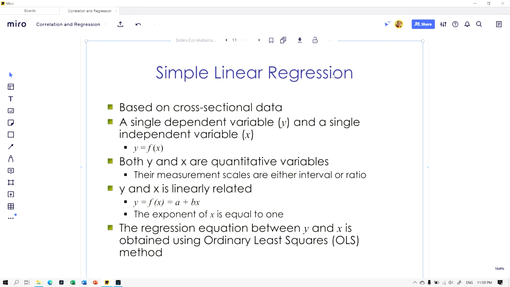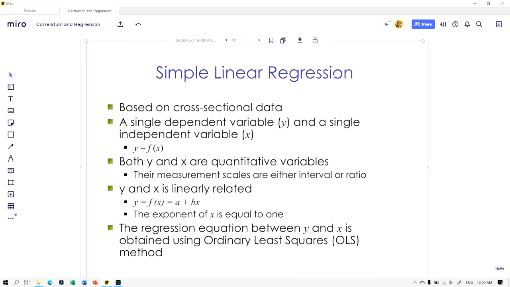It is an equation that relates a single dependent variable y and a single independent variable x. This relationship is given by y as a function of x. It means that the value of y is dependent upon the value of x.